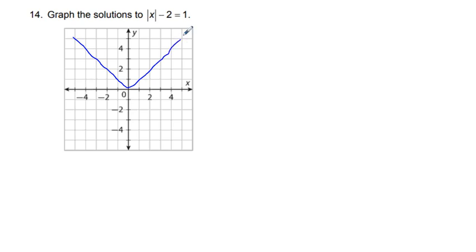So we have that, right? But it says -2. So what we're going to do is take this and bring it down 2 units here. Okay, equals 1.